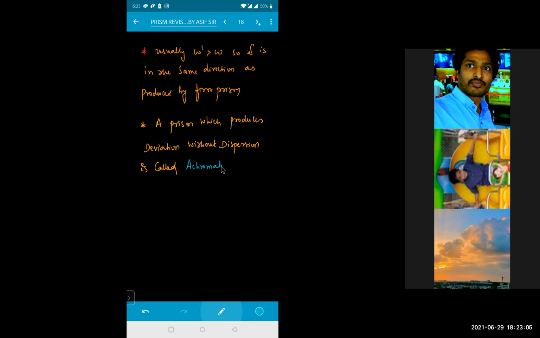What do you mean by an achromatic prism? A prism which produces a deviation without dispersion. The white light will come in, and your dispersion is not there. That is the achromatic prism. Is that clear?